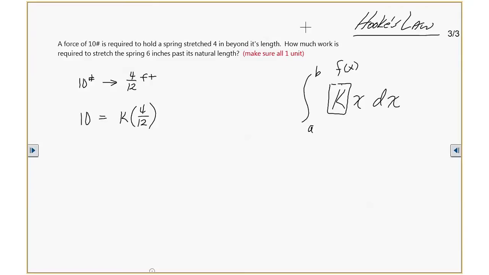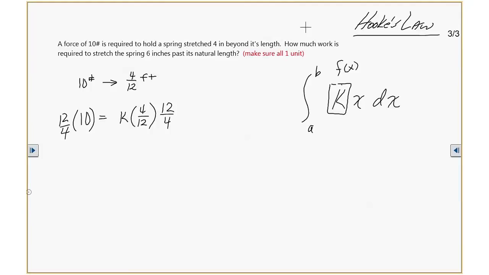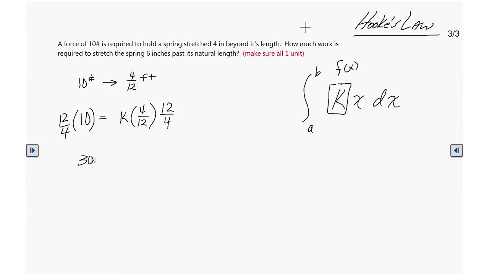So multiply both sides by 12, of course. And that's going to give you, well, we can cancel something out. 12 divided by 4 is what? 3 times 10 is 30. So 30 is equal to k.